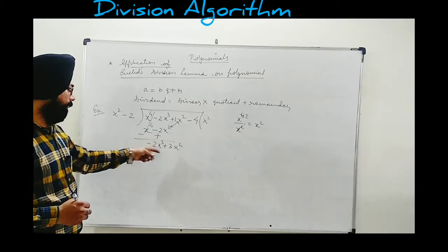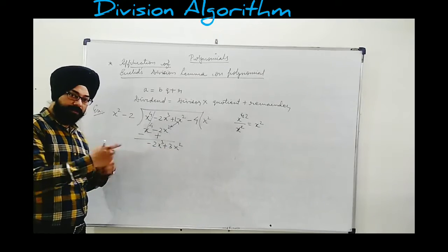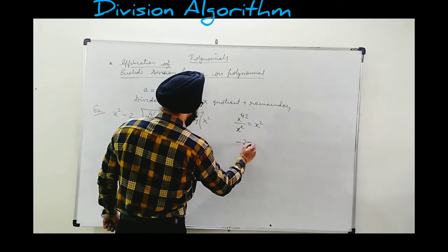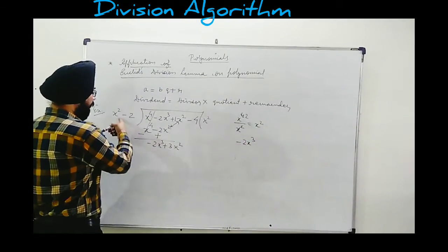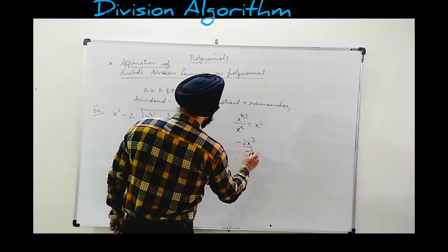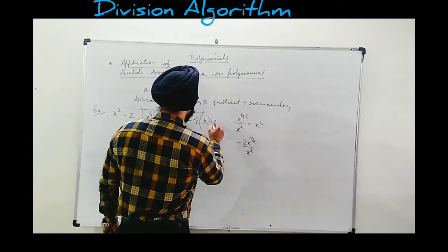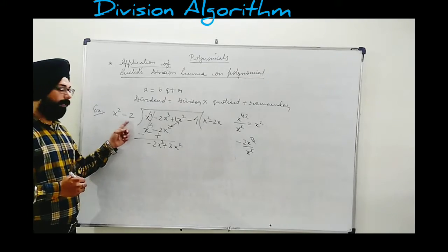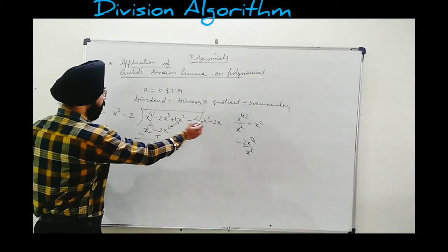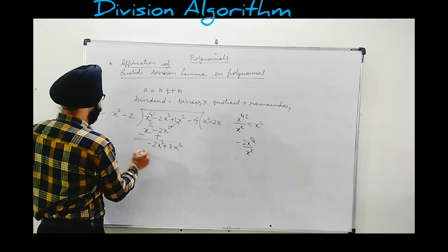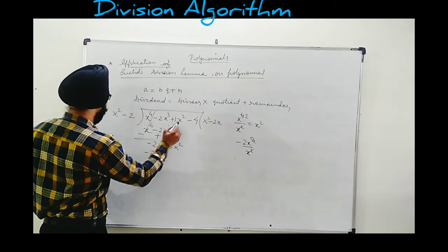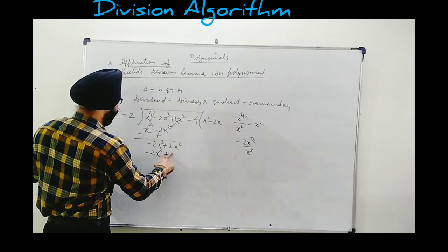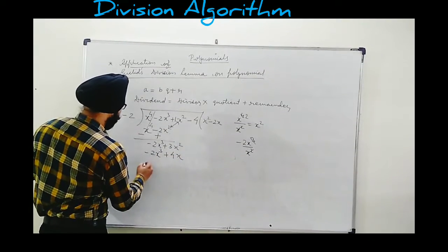Now minus 2x cube plus 3x square, again the same procedure, first term divided by first term. So minus 2x cube, first term of dividend, x square is the first term of divisor, cancels and we are left with minus 2x. This minus 2x will be multiplied to each of the terms of divisor. We get minus 2x cube, and next plus 4x.